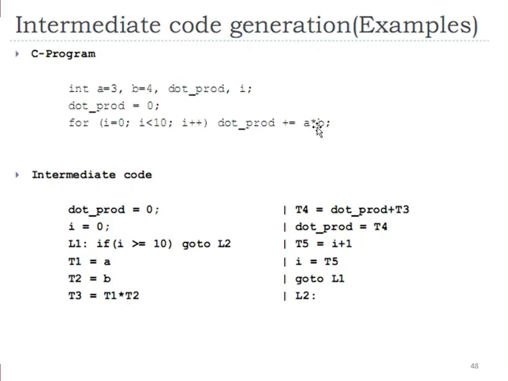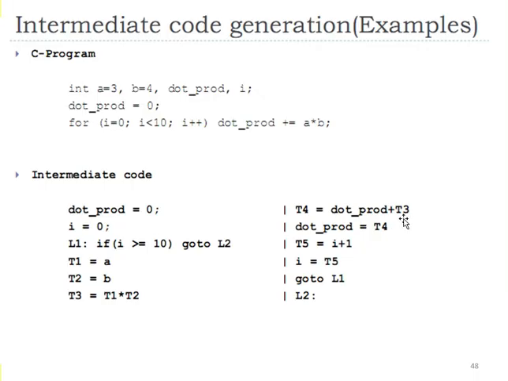This statement, which is the body of the for loop, should be broken down into sub expressions. Why? Because this expression violates the three address code, since we have four operands here: 1, 2, 3 and 4. This short representation is equivalent to dot prod equal dot prod plus a times b. So we need to break this expression into sub expressions, each not violating the three address code conditions.